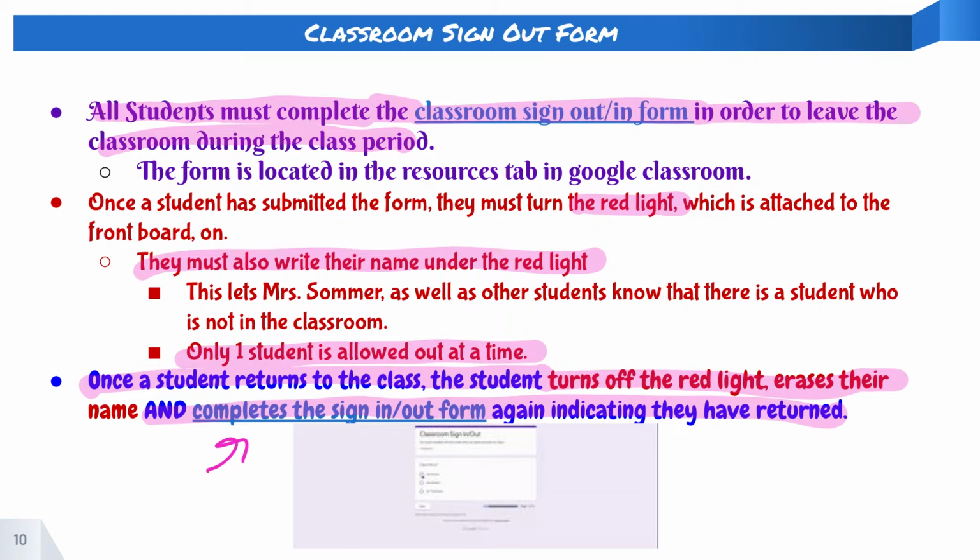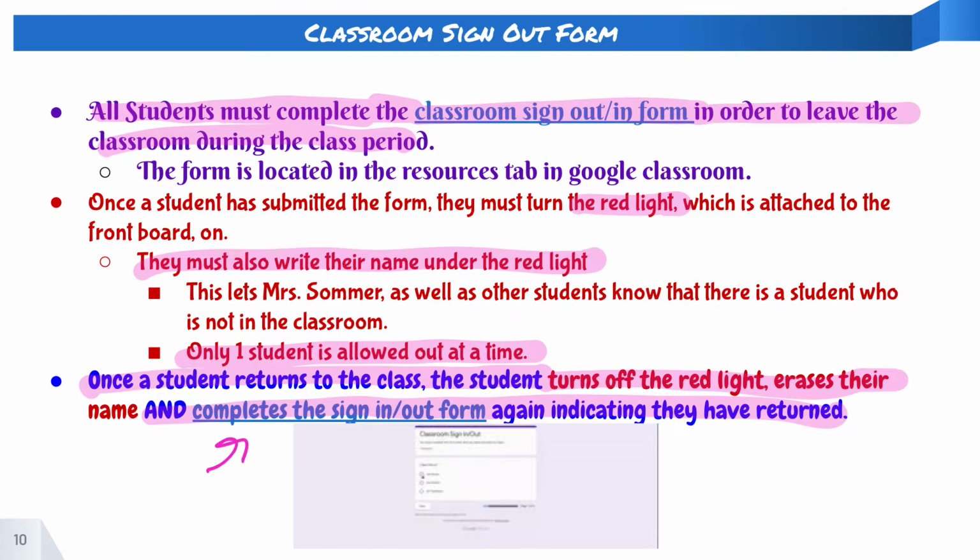But also, as you all know, back in the fall, we dealt with some TikTok trends occurring with vandalism. And so it also is designed to protect the student. If somebody says, oh, so-and-so did this, I have a document showing them, well, no, this student was only out during this time of the day or time of the class.